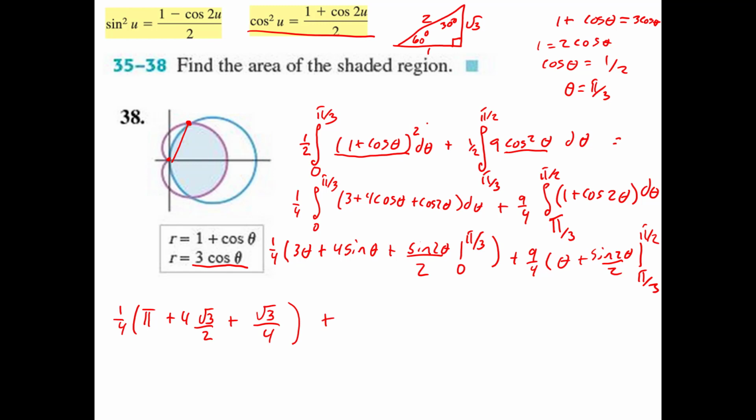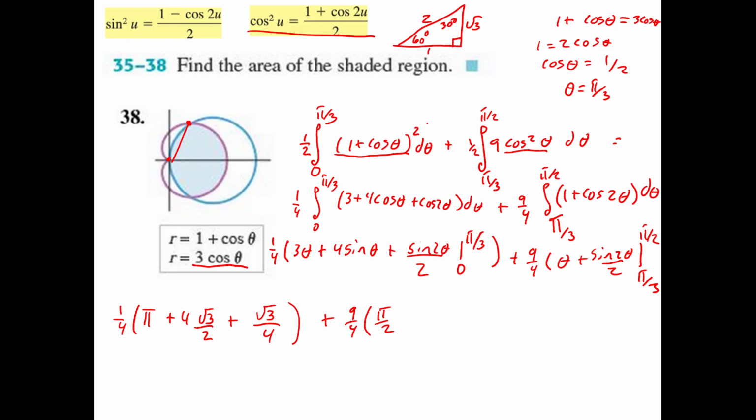And then plus 9/4. When you put in pi over 2 for theta, you get pi over 2. But when you put pi over 2 into the second term, you double it and you get pi, and the sine of pi is 0, so that goes away.